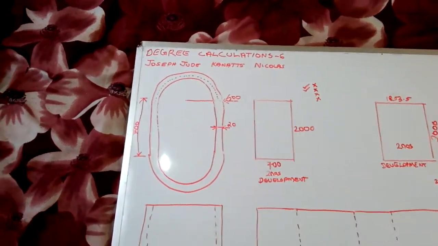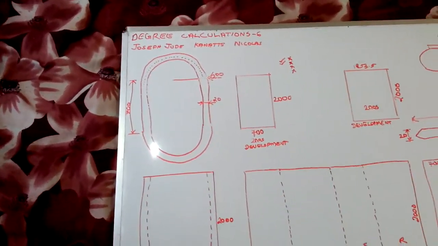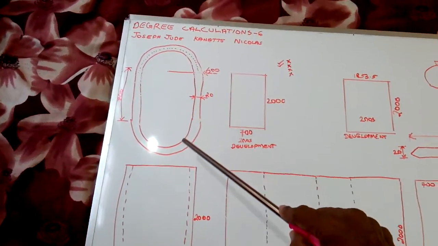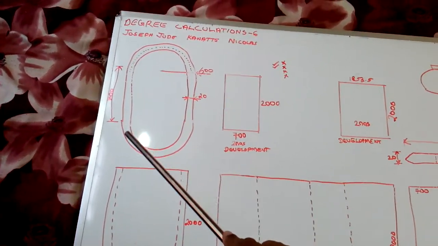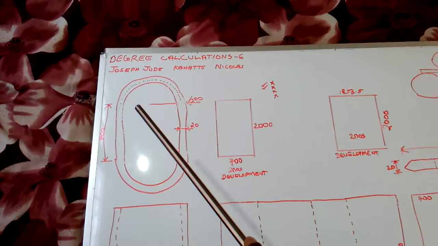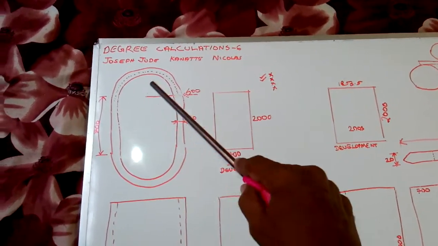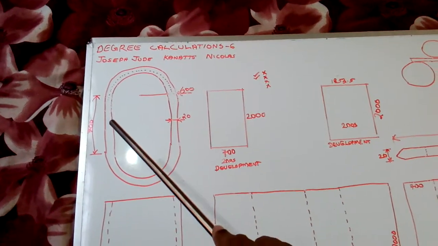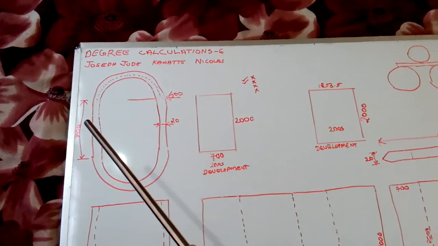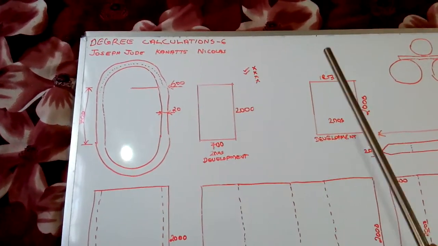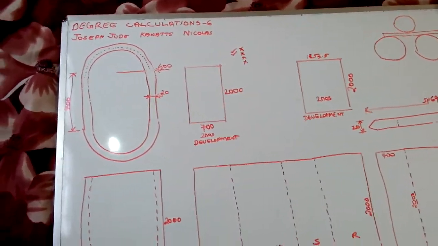Okay. So last time I told you that you have to do the pattern development. You have to draw the development of this job. Development means that for making this kind of job, we have to take one sheet or plate. Its length and width is called the development.